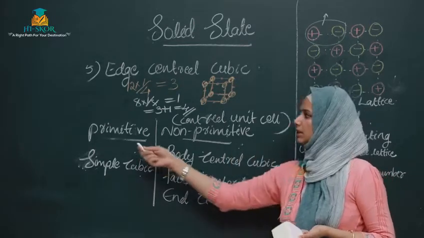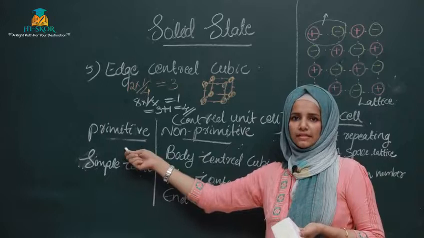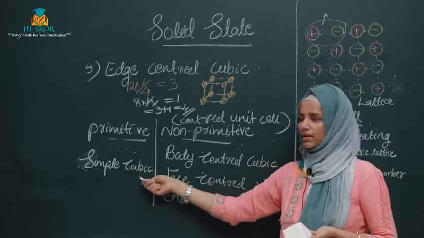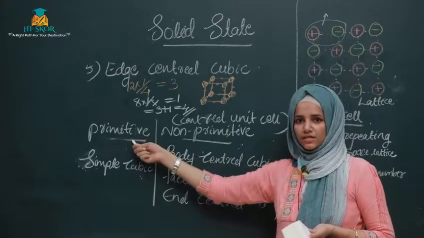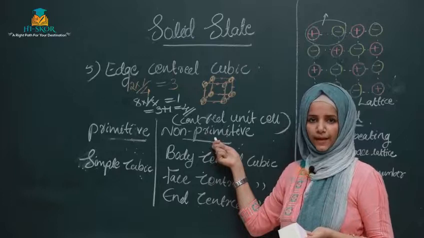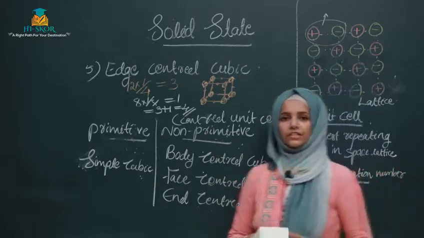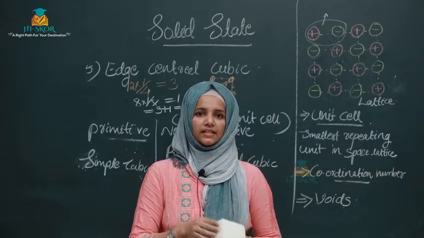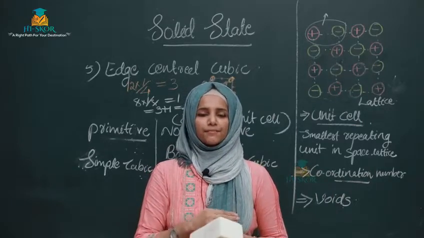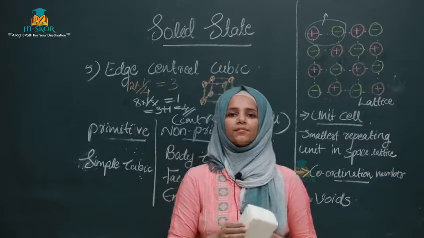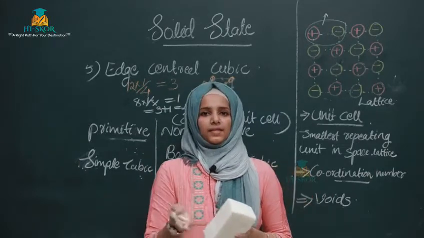Okay, and I think in 2016 Kerala Higher Secondary exam they asked this question, I think. Okay, so what is the important difference between primitive and non-primitive unit cell? Okay, clear. So we discussed about the crystal structure and what are the different types of cubic lattices, and the calculation of number of particles per unit cell.